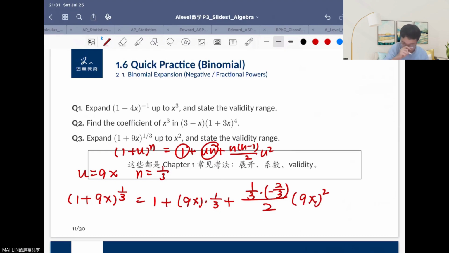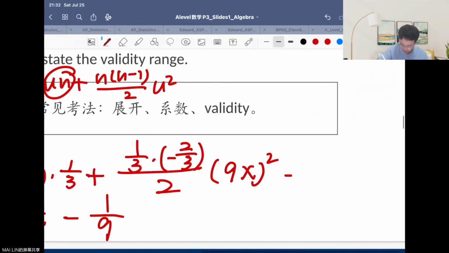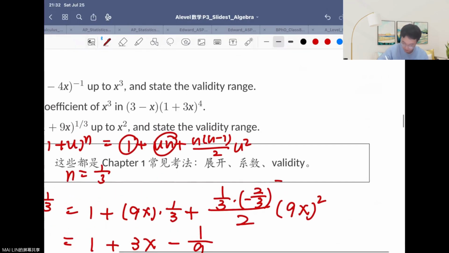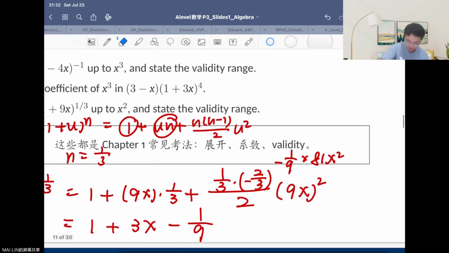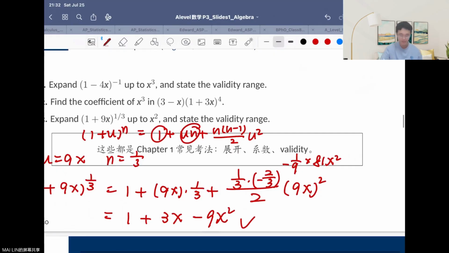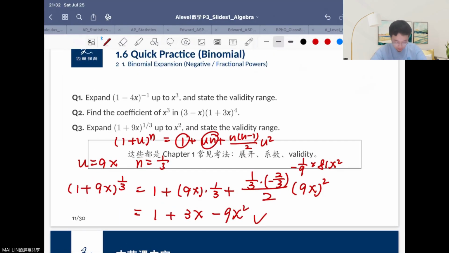So then we get 1 plus 3x, and then minus 1 over 9 times 81x squared. The answer here is minus 9x squared. So the first three terms are 1 plus 3x minus 9x squared, okay? That is for this problem.